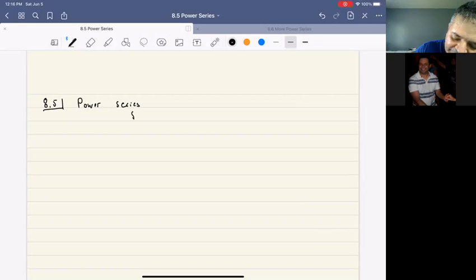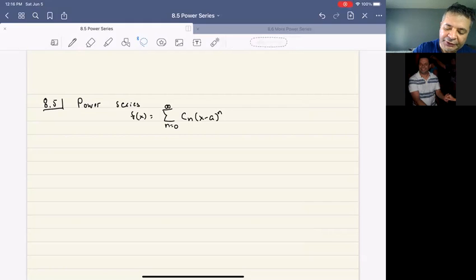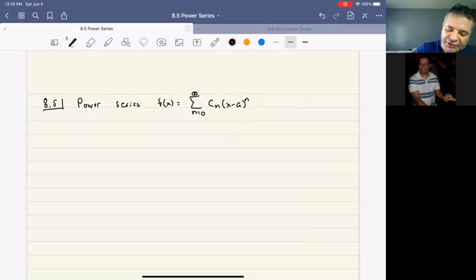Okay, so it's f of x. We're not going to really talk about it as a function just yet, but the sum from n equals 0 to infinity, c sub n, x minus a raised to the power n. Okay? So the c sub n are called coefficients.